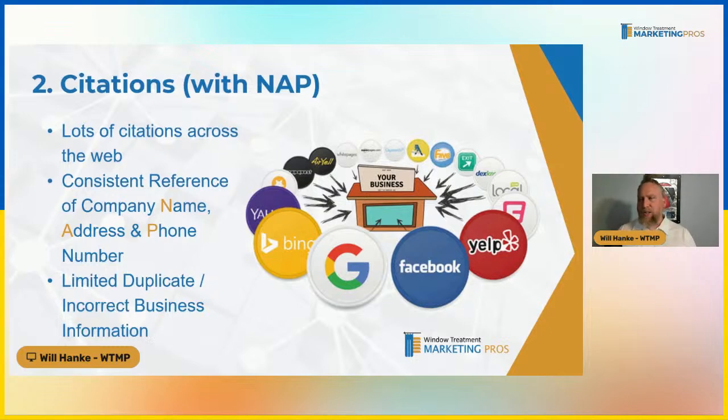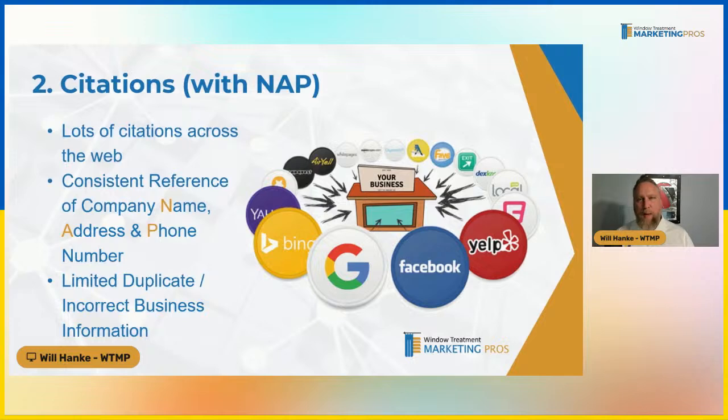So citations. I mentioned these earlier on, and these are another thing that's really important to get more eyeballs on your listing and get into that 3-pack. So citations are basically mentions of your business around the web. So let's say the Better Business Bureau, right?